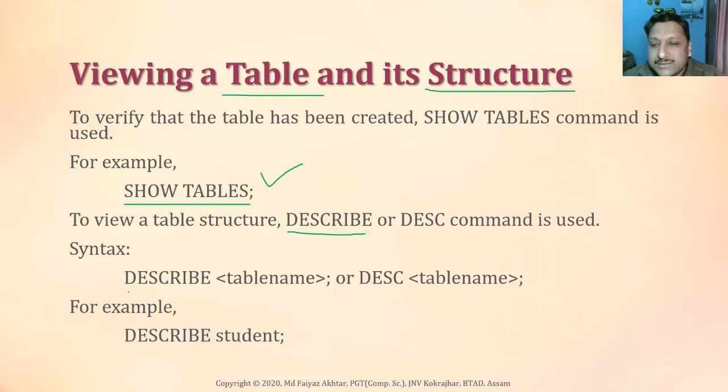Okay, describe, then you give the table name, or you can simply write DESC, the first four characters of the describe command, and then the table name. For example, to see the structure of the student table, we write describe student. Okay, we will show you the practical also. First we know the commands here.